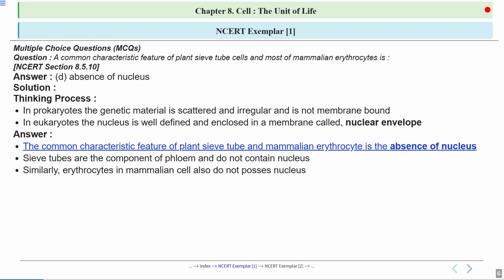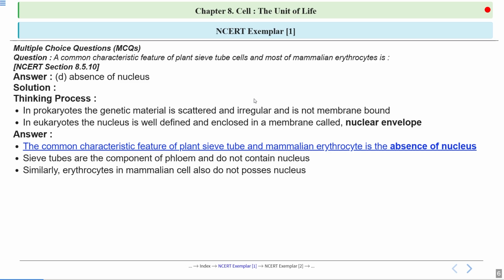Similarly, mature erythrocytes lack nucleus, because RBCs carry oxygen. Clear? Since nucleus is absent, these RBCs can carry more oxygen.